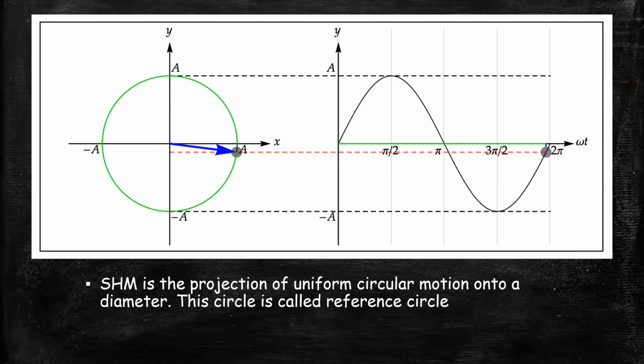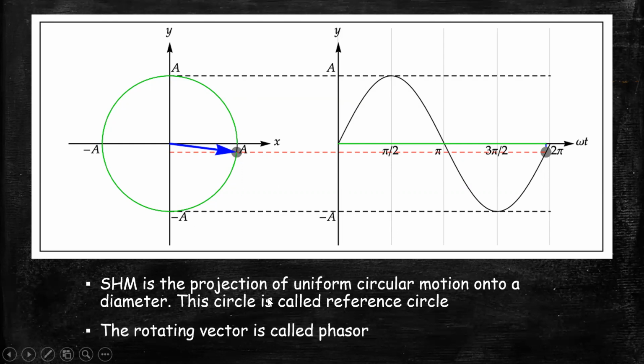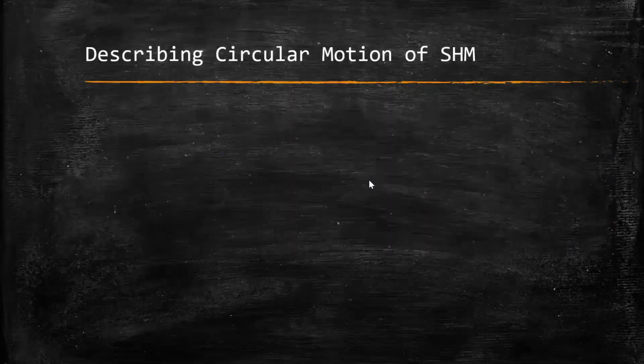So a simple harmonic motion is the projection of the uniform circular motion onto a diameter. This circle is called the reference circle, and the rotating vector is called the phasor. This blue arrow that you observe rotating around the circle is what we call the phasor.